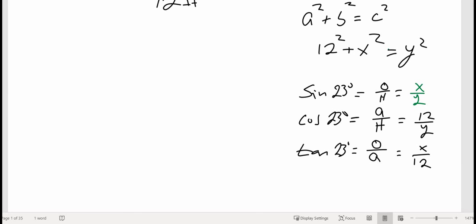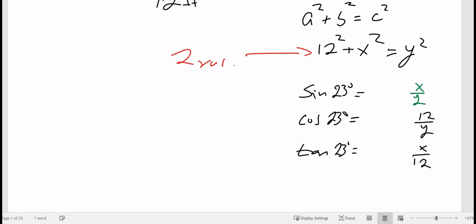Now, when I'm writing it down, and I'll put these back up here in a second, all I'm really thinking about is this deal, okay? Sine of 23 equals x over y. Cosine of 23 equals 12 over y. Okay? And then I look at all my options, okay? And then I decide which one's easiest, okay? There's two variables here.